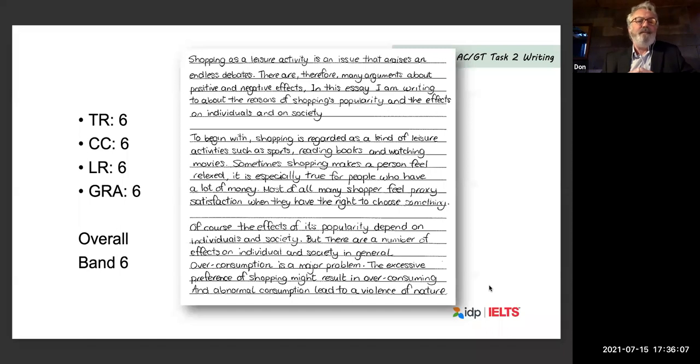The spelling is not as accurate. It does address the task because it does give the why and it does talk about the effects, but it really doesn't address the why very much. It talks about that in the second paragraph, but that's all. And that's what a band 6 looks like.